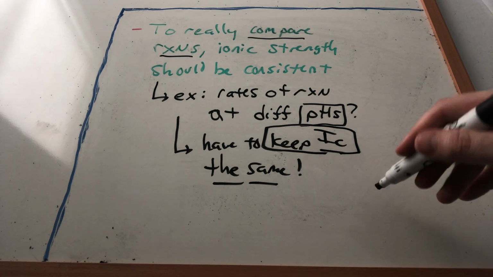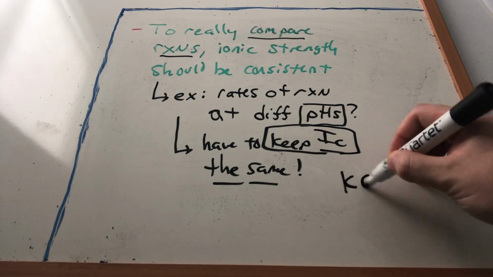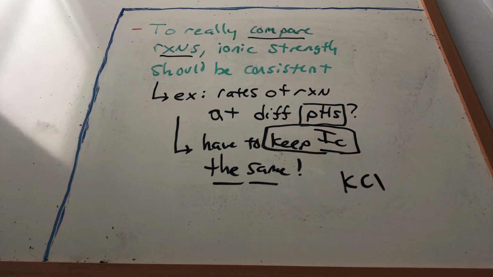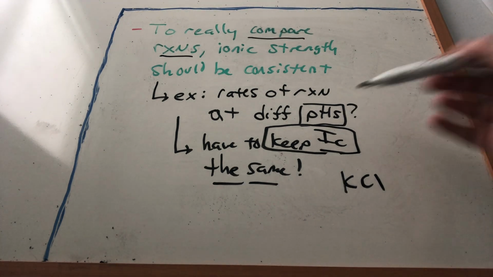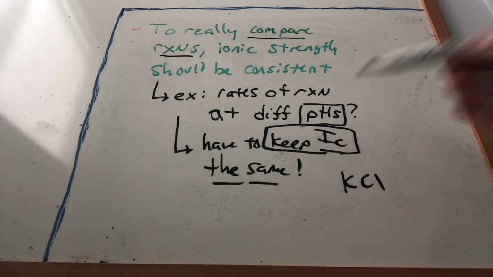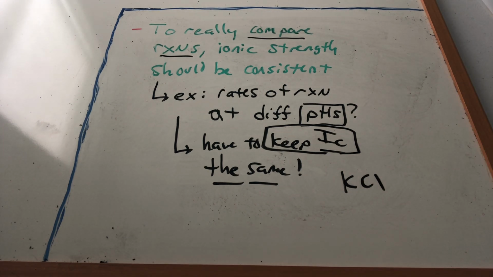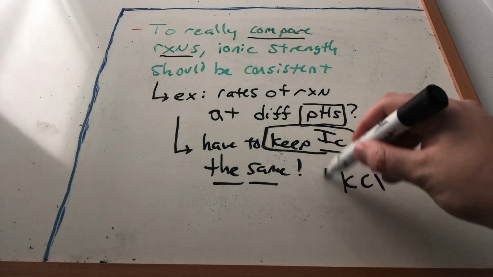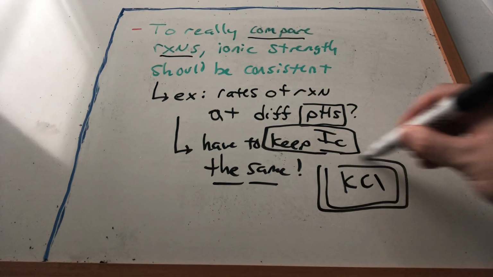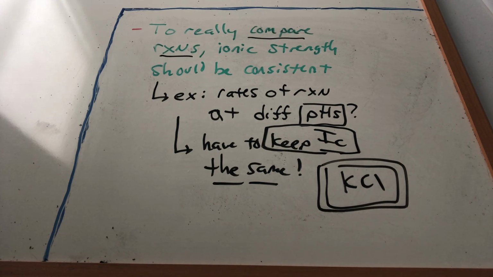You throw in salt. You throw in something like KCl, so that the ionic strength in each solution is the same. Then you're really looking at just the differences in concentration instead of the differences in chemical behavior as you modify pH. This is just one instance where it comes into play, and Dr. Dan can tell you more about this because he did a lot of rate work with his research.